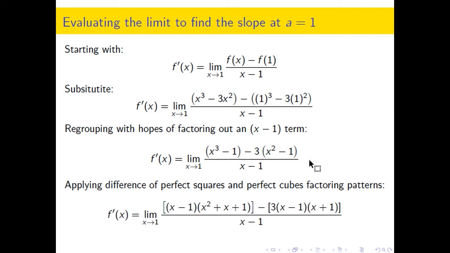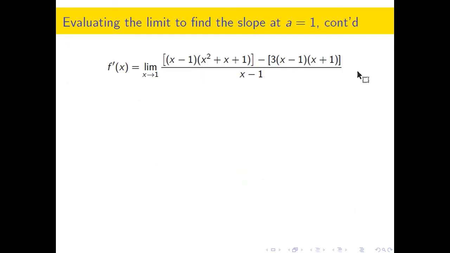And now we have a difference of perfect cubes and a difference of perfect squares. Those patterns, if you don't know them, you can Google them real quick. But that's just expanding using those factoring patterns. And notice that I have an x minus 1 in both terms on the top that can be factored out.